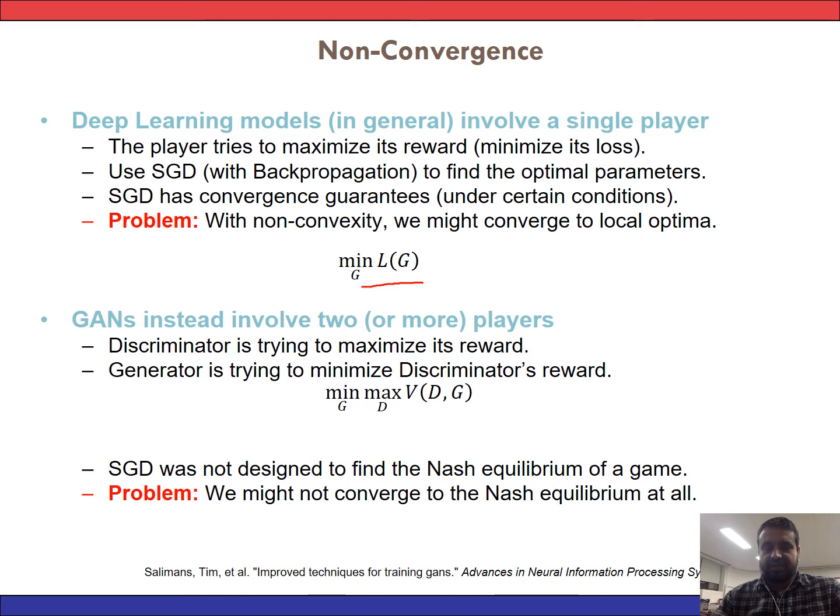In one network, we are maximizing the objective, and in the next network we are minimizing this objective. So here we can see that we are minimizing this objective for the generator, and we are maximizing this objective for the discriminator.